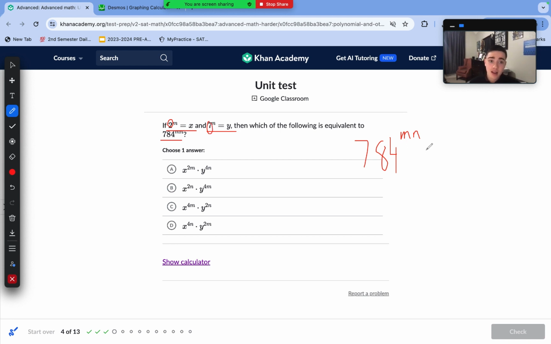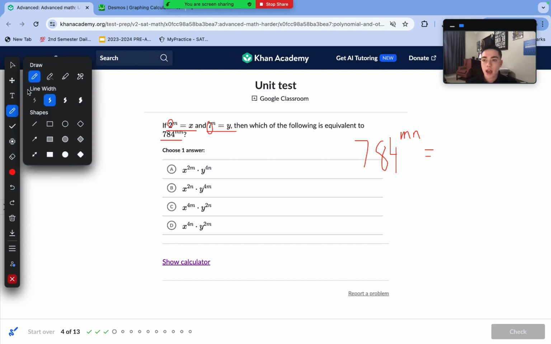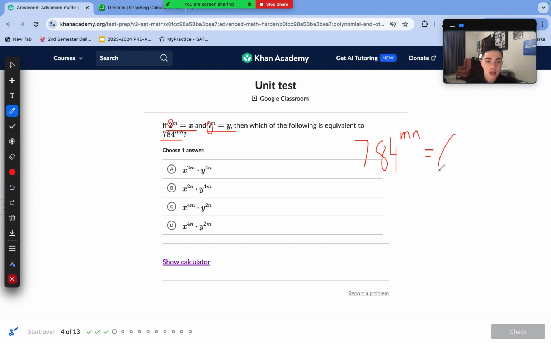If you didn't notice, just go ahead and divide 784 by some perfect squares related to 2 and 7, like 4 and 49. So we can take 784 to the mn and rewrite this as 16 times 49 to the power of mn.